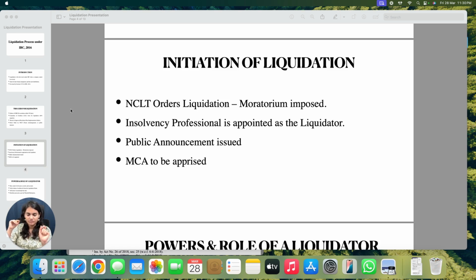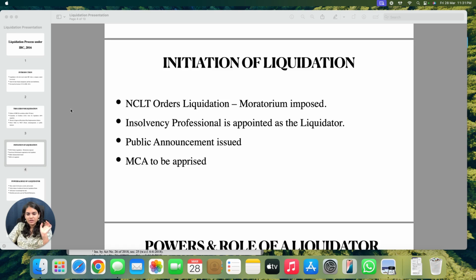And Form G for all other creditors, all other stakeholders. We will come to the claims part in detail in the subsequent portions.